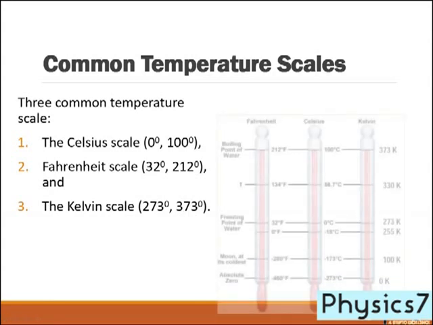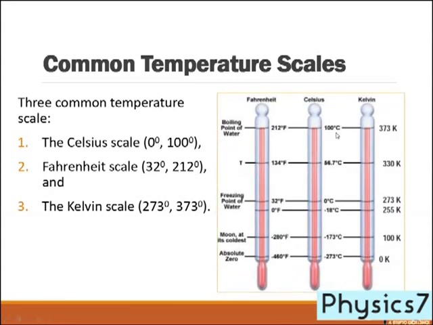What you would do now, if you look at the diagram, is put these all side by side. In the diagram, the upper fixed point for the Celsius thermometer, which is 100 degrees Celsius, corresponds to the upper fixed point of 373 Kelvin for the Kelvin thermometer and 212 degrees Fahrenheit for the Fahrenheit thermometer.